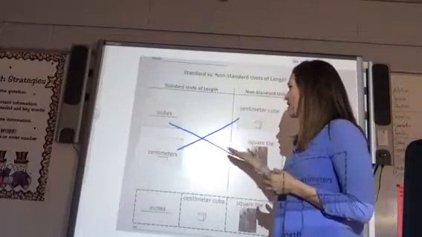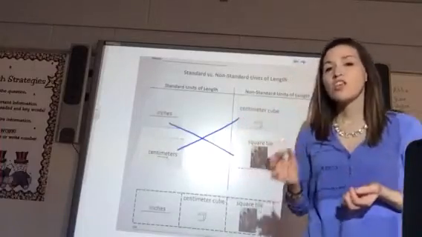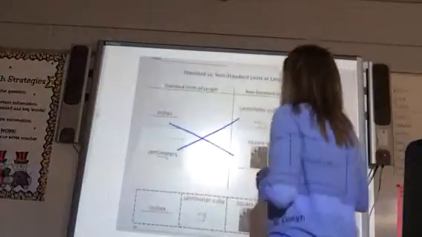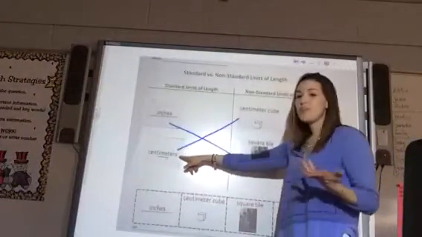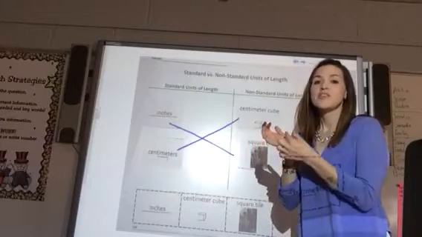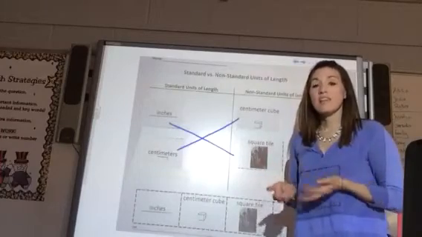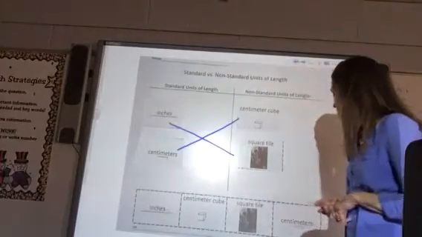You can picture an inch and think, oh, that's a square tile, so it's about that long. And if it says centimeter, you think in your head, oh, I know what a centimeter cube is because we've done that in class. So that's about the length of a centimeter. So you can get a visualization of the length of those items after working with them a lot.